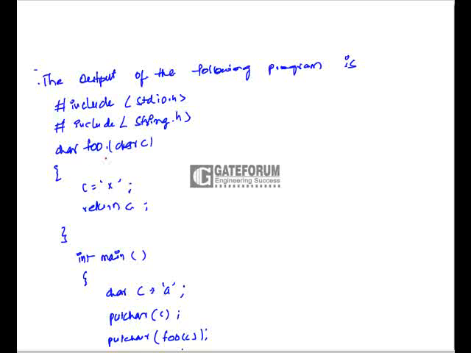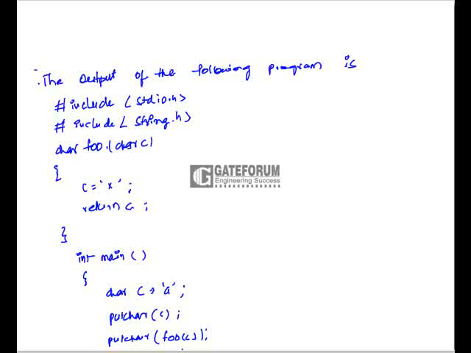Here foo is a function which will return a character value, and in it the variable C is declared as a character and initialized to x, and it will return the value contained in the variable C. In the main function, C is declared as a character variable and initialized to A. Here the putchar function is called.